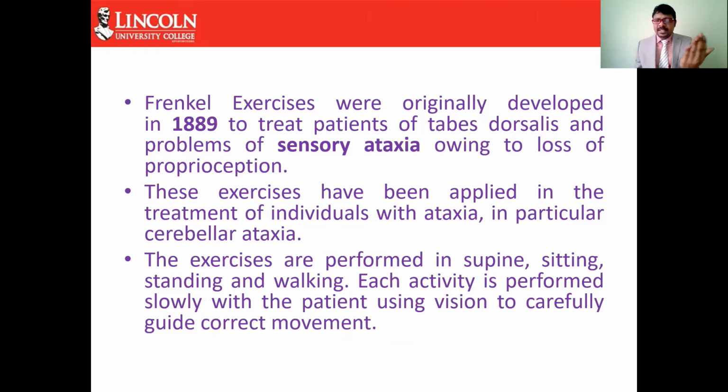If you see the cross section of the spinal cord, with the anterior columns and posterior columns, you can see the butterfly shape of the gray matter and the white matter. If there is any lesion in the posterior columns, such as the fasciculus gracilis and fasciculus cuneatus, any injury in these tracts may cause loss of proprioception.